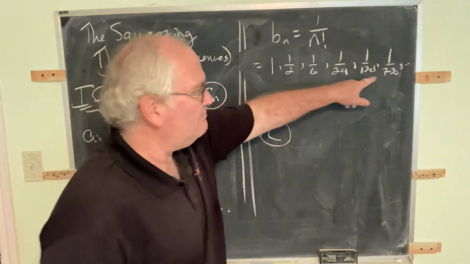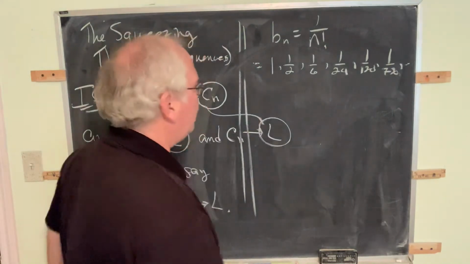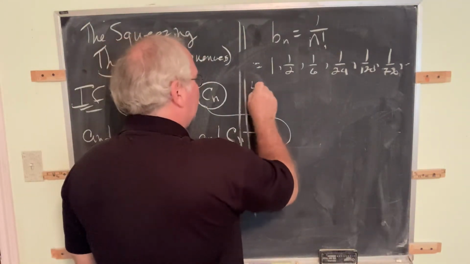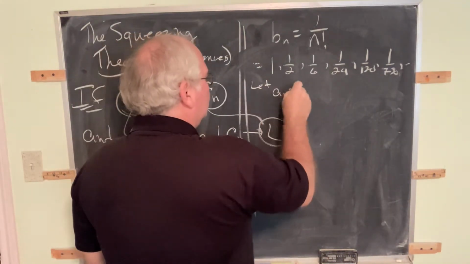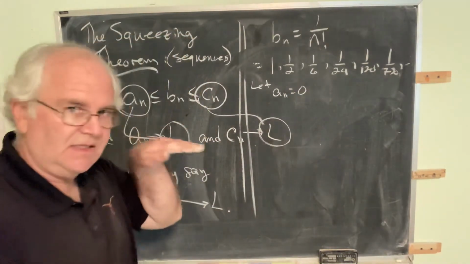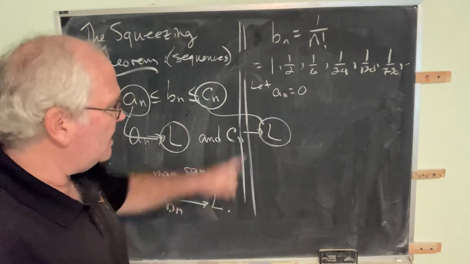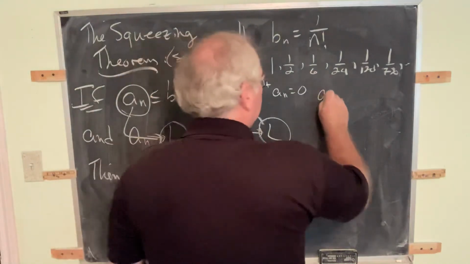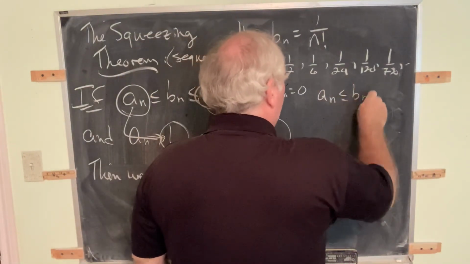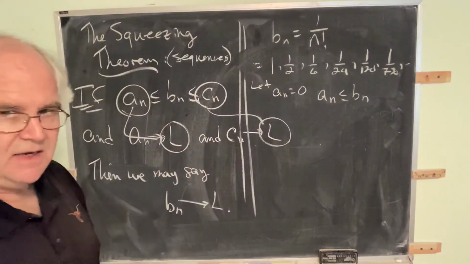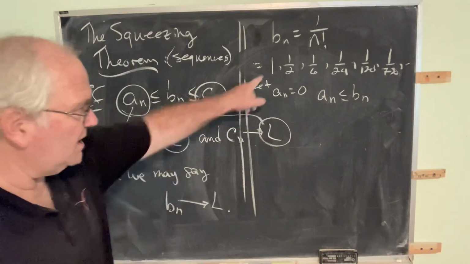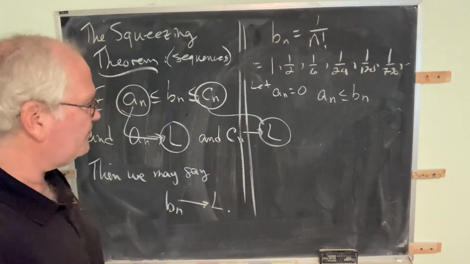Now, they're tiny, but they're positive. And so we do know if we choose an to be 0, the constant sequence at 0, then yes, an is less than or equal to Bn for all values of n. 0 is less than all those because they're always positive.